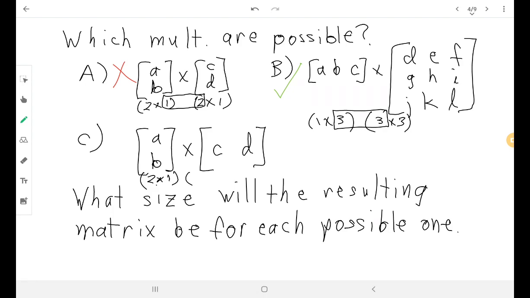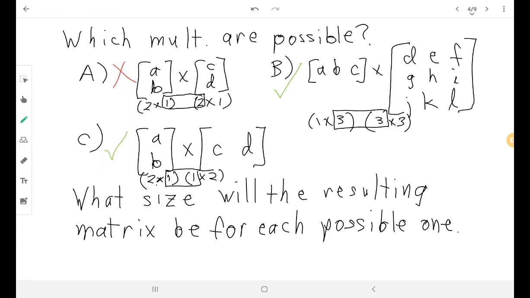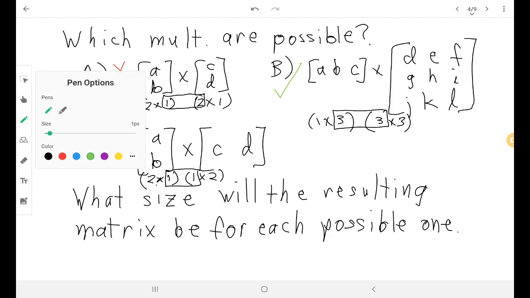And then what are the dimensions of that second matrix? There is 1 row, so it is a 1 by something matrix, and there are 1, 2 columns, so it is a 1 by 2 matrix. Check the inner numbers. They are the same, and so C is also possible.